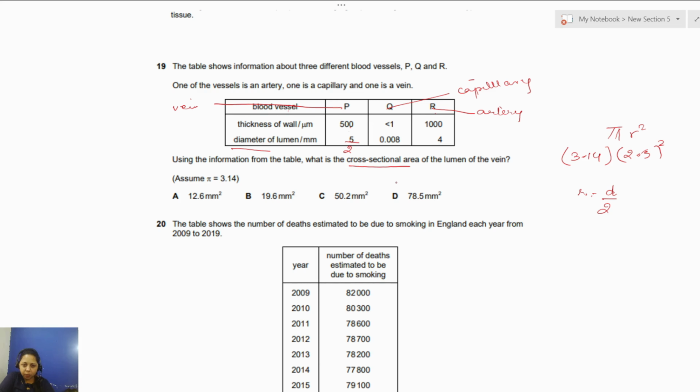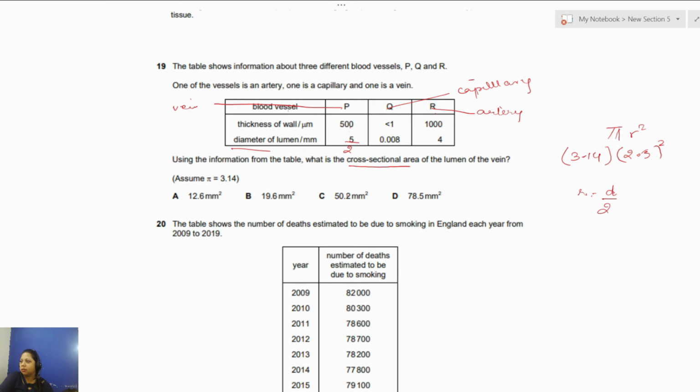We are applying the formula, but for that we need the radius, right? We cannot use the value of 5, it's the diameter, not the radius. We have to find the radius.